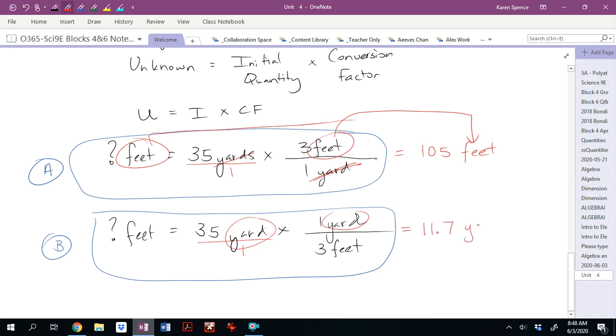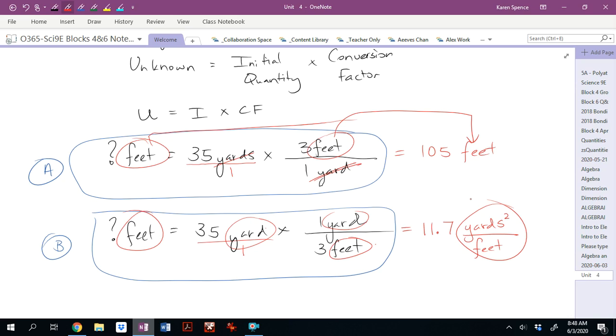And when you have yards times yards, you end up with yards squared. Uh-oh. And then my feet is in the denominator, so it would be on the bottom. So my answer would be 11.7 yards squared per feet. Uh-oh. That looks really ugly. That's not what I wanted. I wanted to find feet, and I ended up with something completely different. So when you choose your conversion factor, choose the one that makes the units cancel out properly.